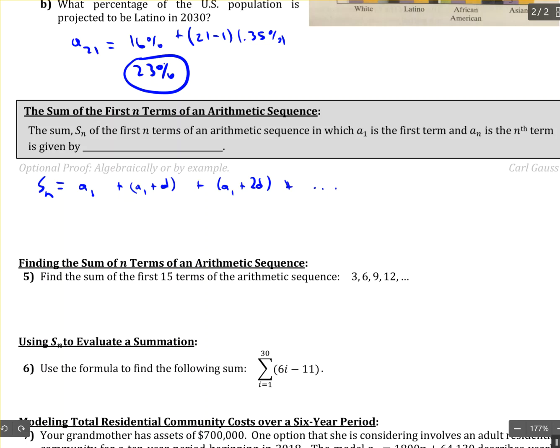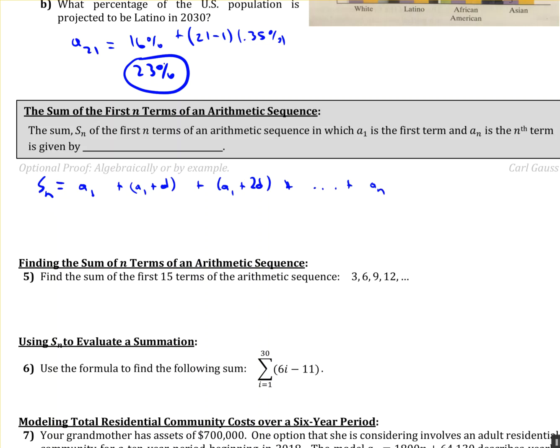And then at the end here, our last term is basically A_n. We'll just call it that. It could be A_1 plus (n minus 1) times d, whichever way you want to represent it. But for the purposes of this, let's go ahead and write it this way.